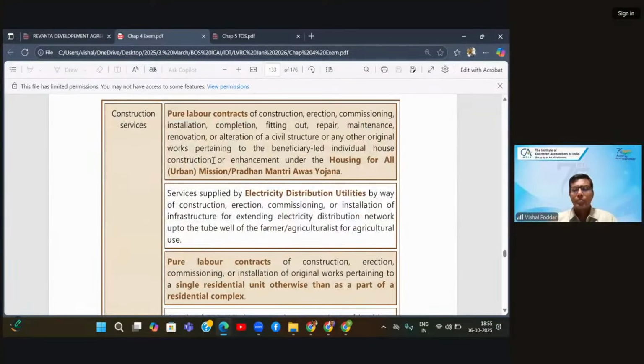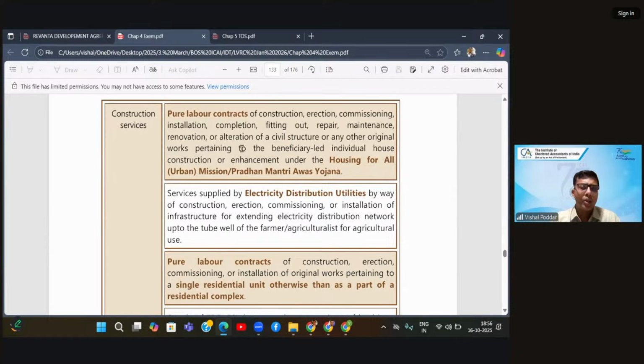Next, we come to the next category, that is construction service. Here, pure labor contracts are done. So you are hiring a labor contractor where no material is involved. The contractor is a pure labor contractor, meaning he is only charging for services. What services? Construction, erection, commissioning, etc. And what are these related to?